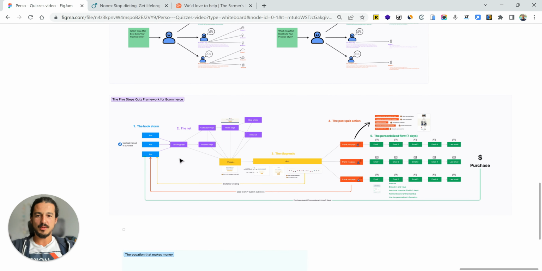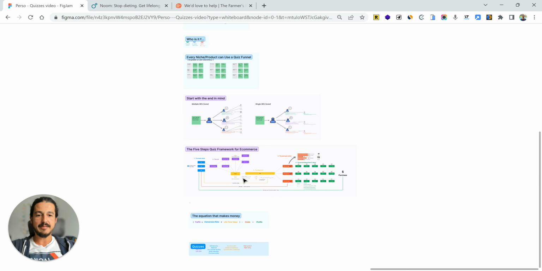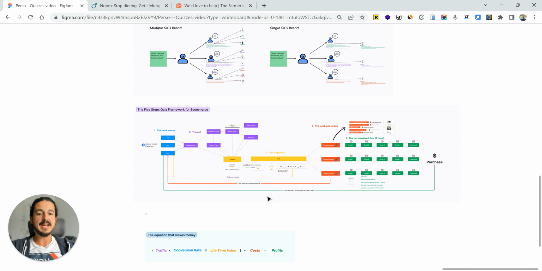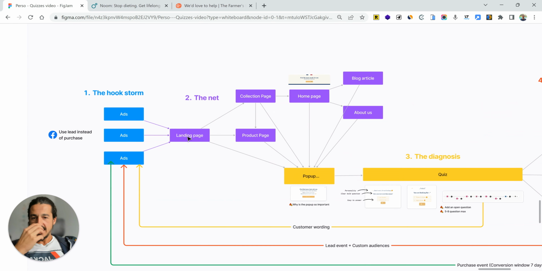So here we go: the 5-step quiz framework for e-commerce. This is the exact technique I've used here to get the result I showed you. It is one technique among as many as we can create, but I know that this one could be really powerful if it's done well. So let's have a look at it.